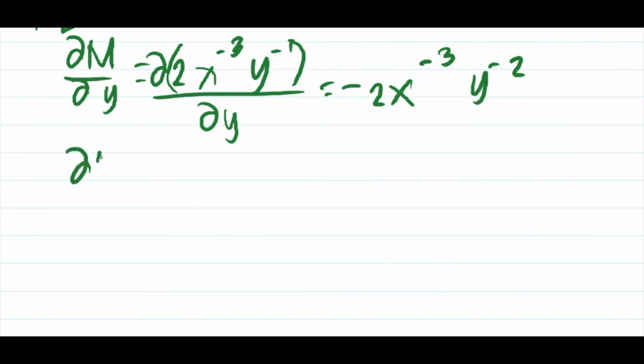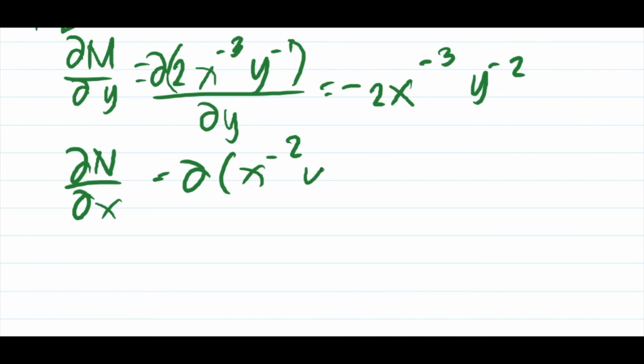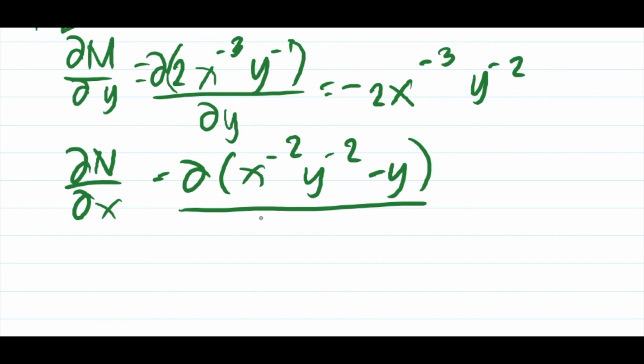Partial of N with respect to x: partial of x to the negative 2 y to the negative 2 minus y, with respect to x, treating y as constant, is negative 2x raised to negative 3 y raised to negative 2.